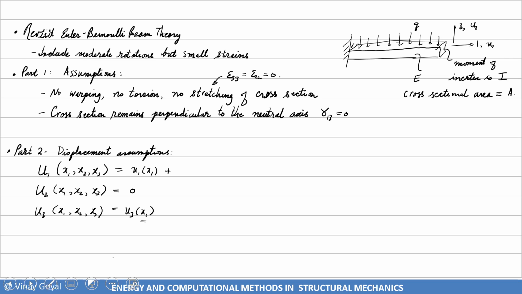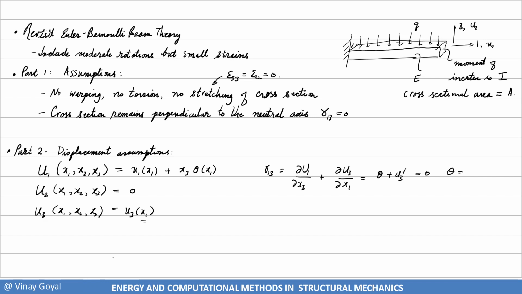And I'm going to say that the axial deflection depends linearly through the thickness, against another variable x1. We demonstrated that gamma 1,3 is the partial of u1 with respect to x3 plus partial of u3 with respect to x1, and partial u1 with respect to x3 is theta, and that's u3 prime. So that's 0.